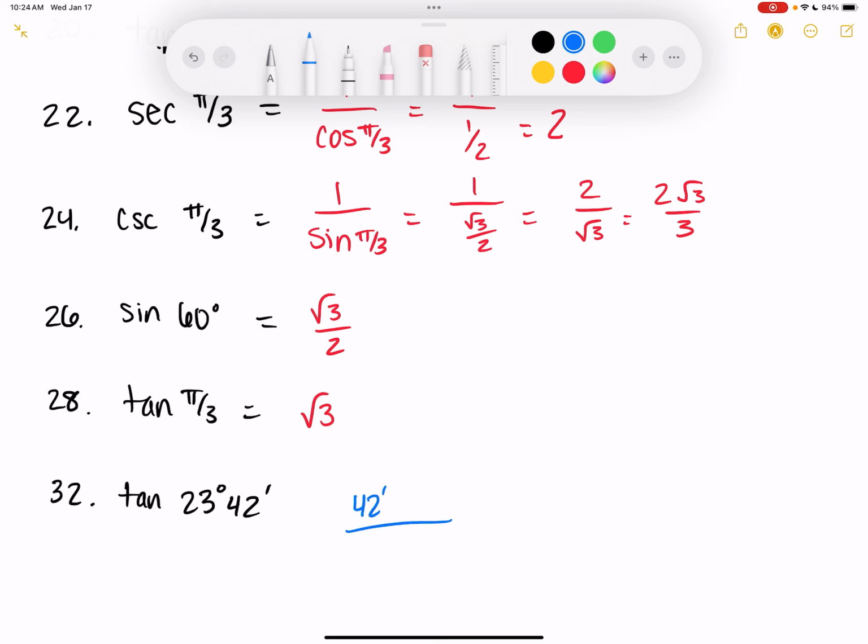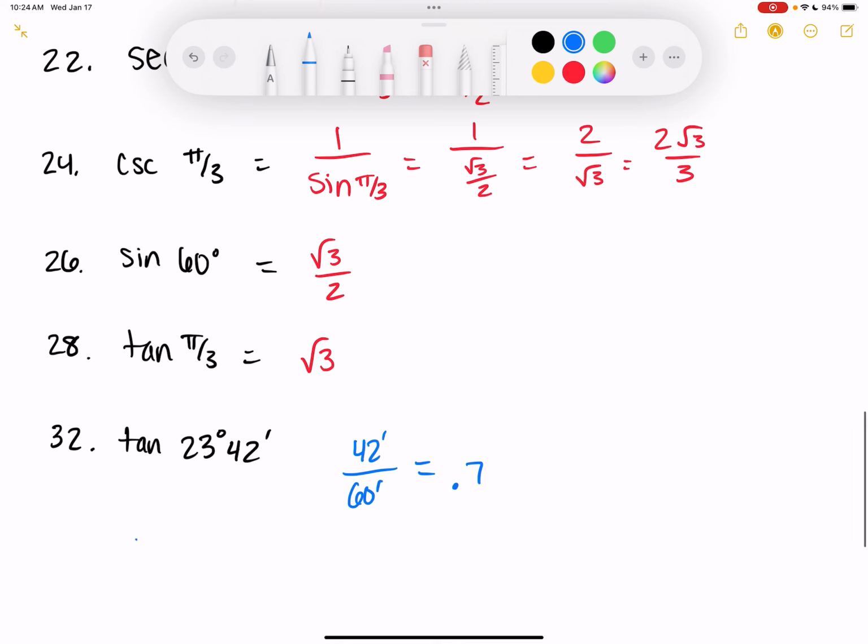Because 60 minutes is 1 degree. So once you get that decimal, that's like 0.7. So then we would take the tangent of 23.7 degrees.